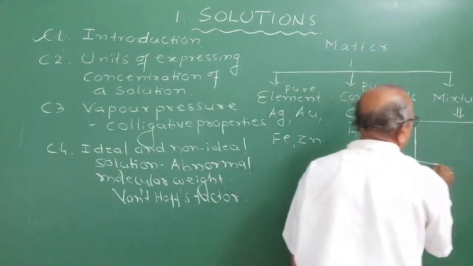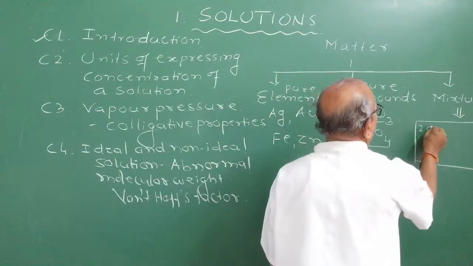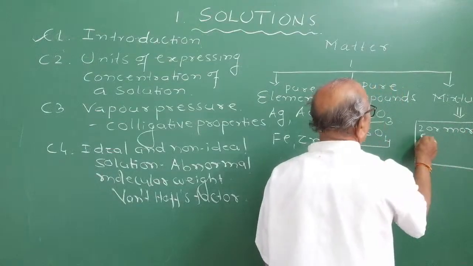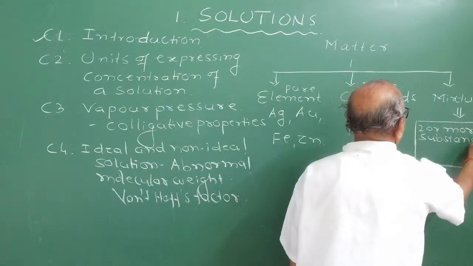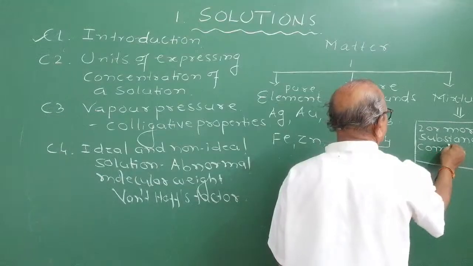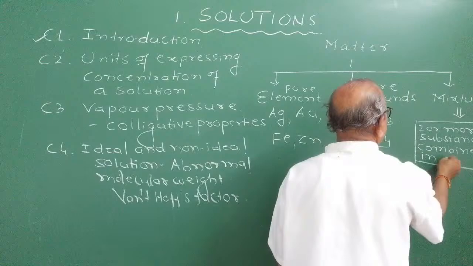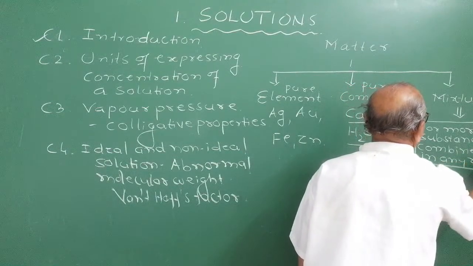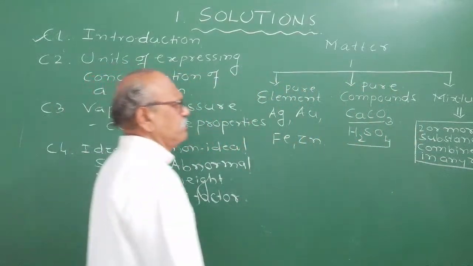What do you mean by mixture? Mixture is two or more substances, maybe element or compound, combined in any ratio. Any ratio, not a fixed ratio, is called a mixture.